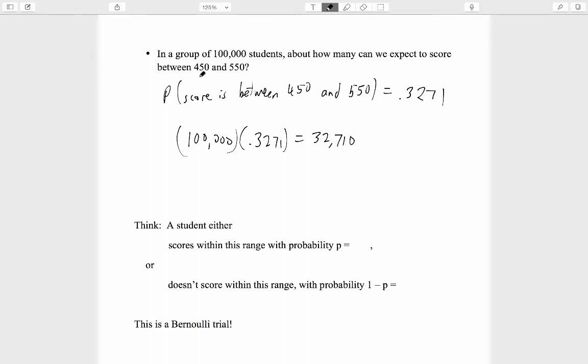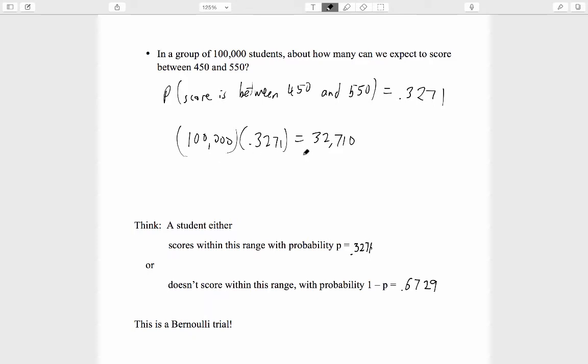You can think of it this way. A student either scores within this range between 450 and 550 with probability 0.3271, or doesn't score within this range with probability 0.6729. This is a Bernoulli trial. Each student's exam performance is a coin flip, which either comes up heads with probability 0.3271, or it comes up tails with probability 0.6729.